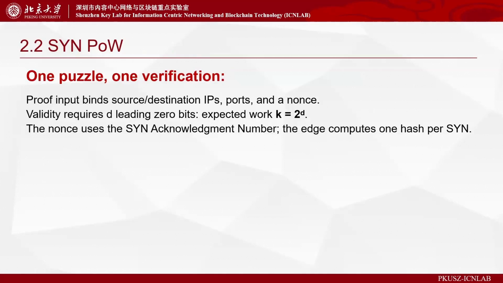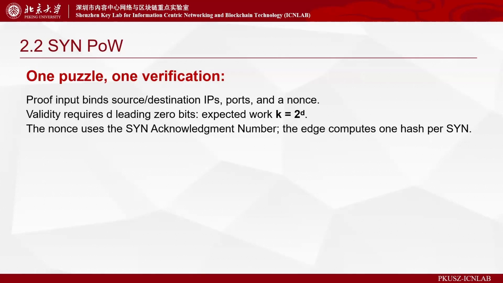The proof itself is intentionally small and non-interactive. The hash input binds the source and destination addresses, the TCP ports, and a nonce. So a proof cannot simply be replayed across flows.